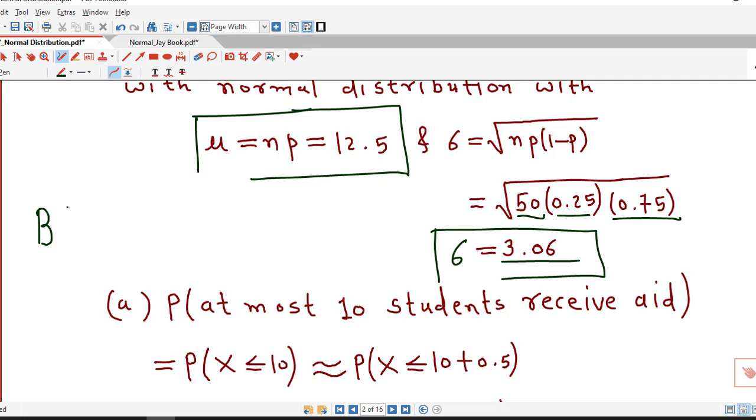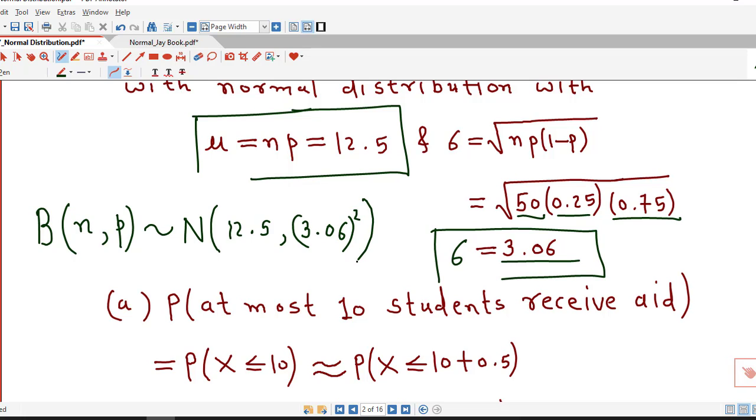So the binomial distribution with parameters n and p is approximated by the normal distribution with parameters mu equal to 12.5 and sigma equal to 3.06, so sigma square is the square of 3.06. We will use this normal distribution to calculate probabilities of the given binomial distribution.